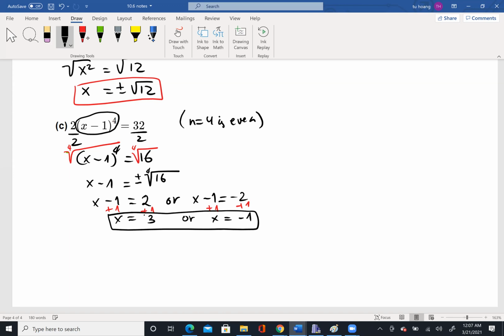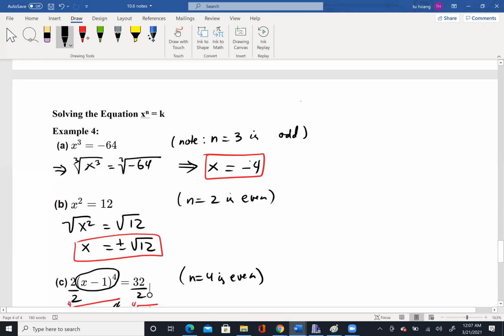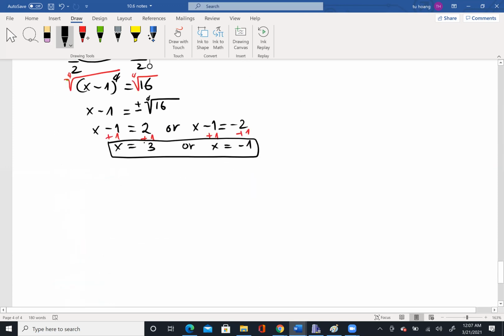Okay, so remember that for an equation in the power form, you don't really have to double check the solution.